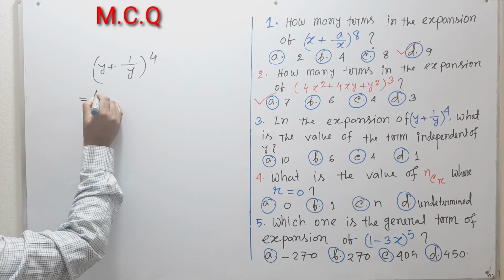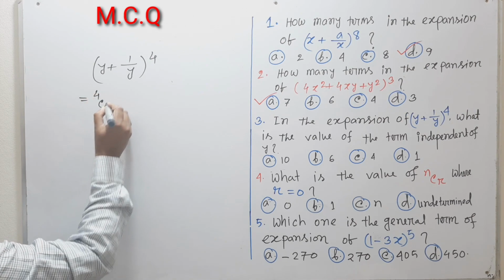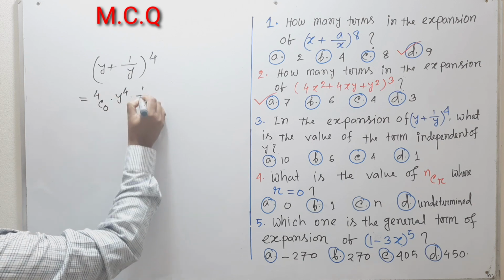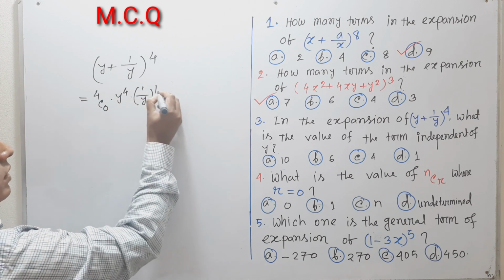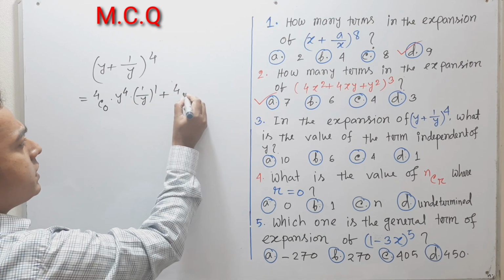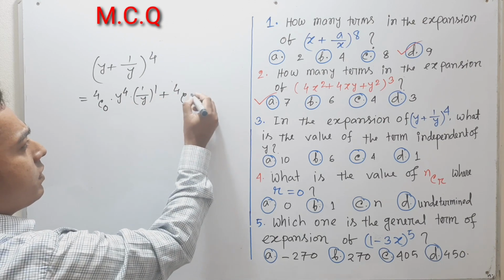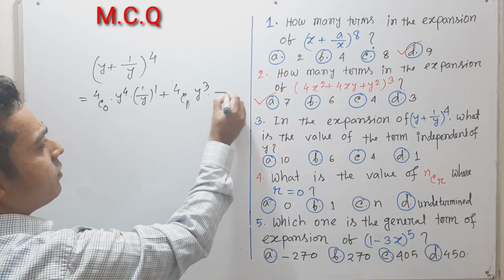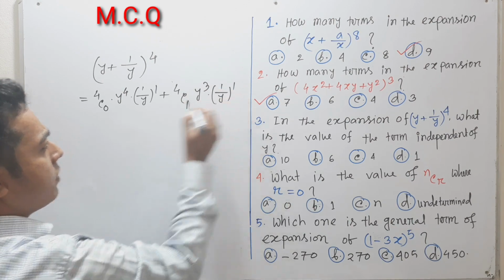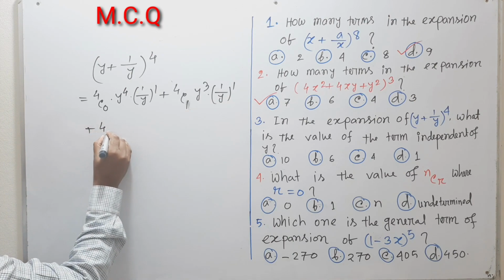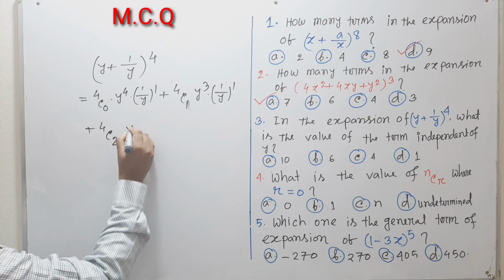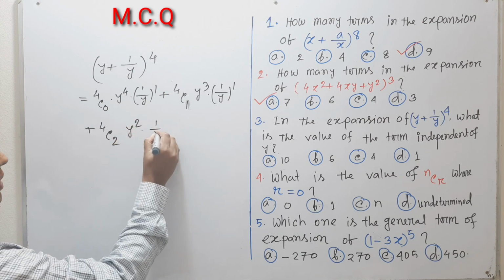Here, 4C0, the first term, is y to the 4 and 1 by y is 1. Then 4C1, y cube and 1 by y. Then 4C2, y square and 1 by y square also.